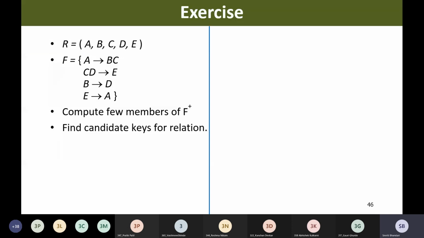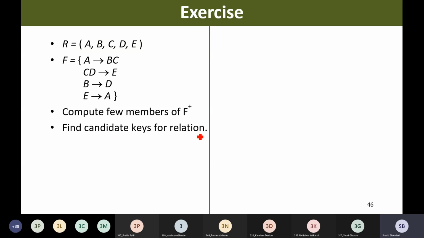Schema R, and the attributes in the relation schema are A, B, C, D, E. We have been provided with the set of functional dependencies F: A to BC, CD to E, B to D, and E to A. We are asked to compute a few members of F plus, and also to find the candidate keys for the relation.